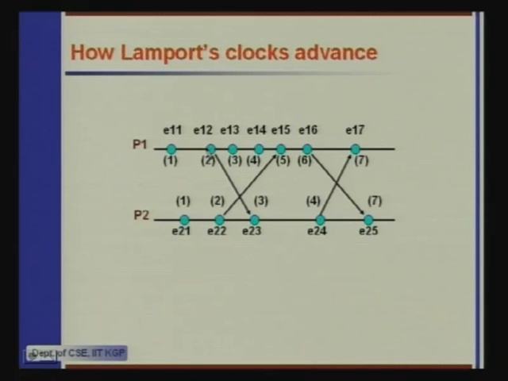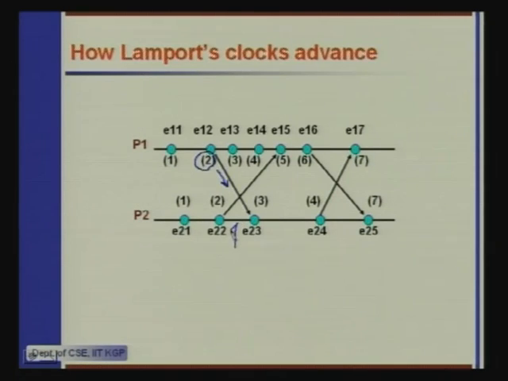Now, when this message is sent, then this clock value of 2, this one, is sent along with this message, right. Now, when the message is received here, this one checks what is its value of clock here.